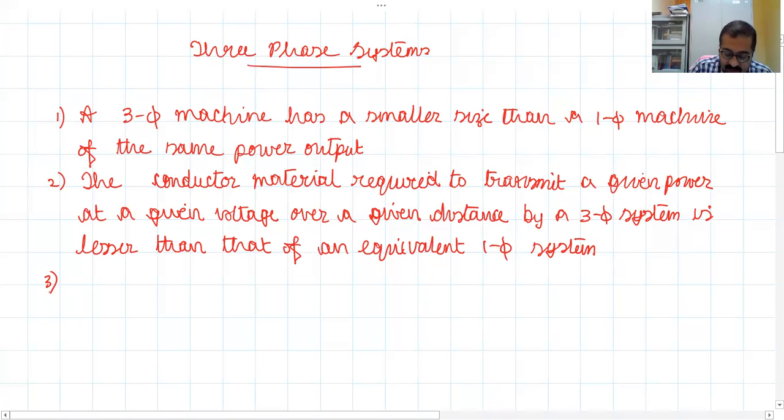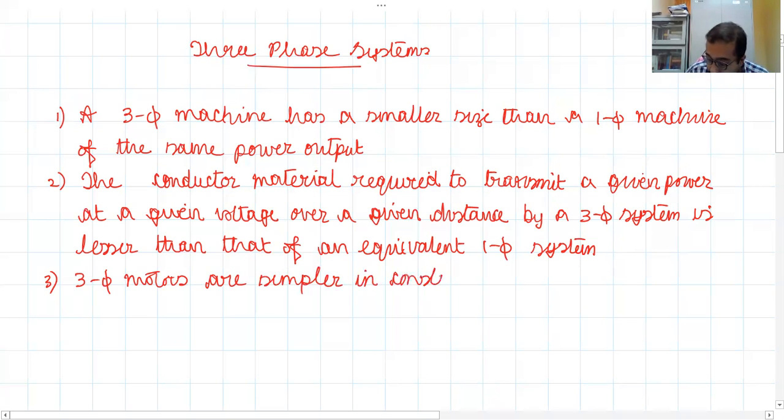Three-phase motors are simpler in construction, smaller in size, which we are already seeing.